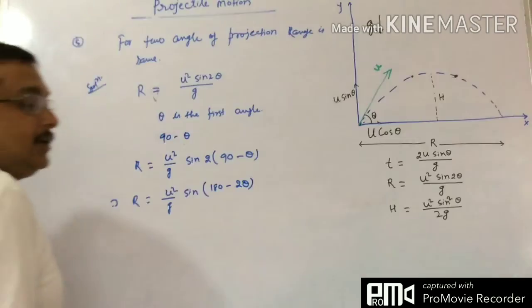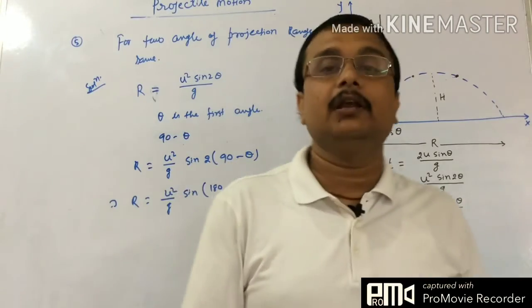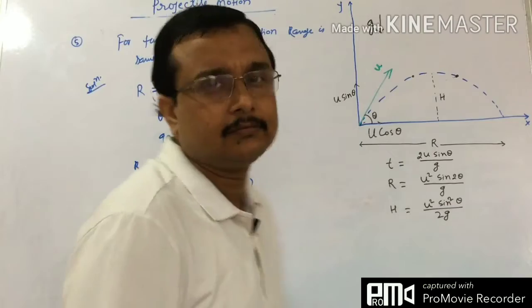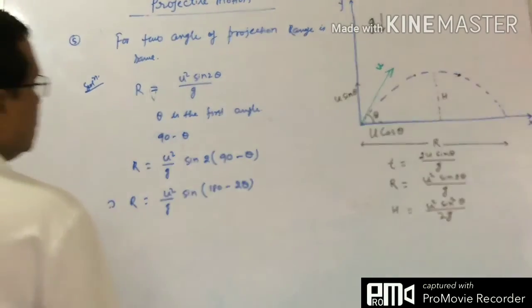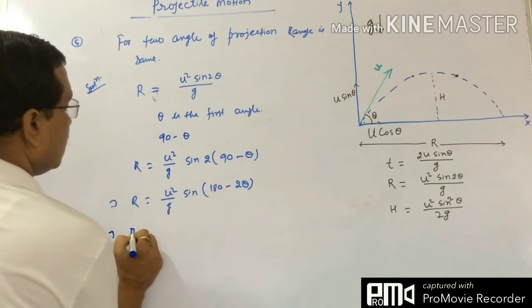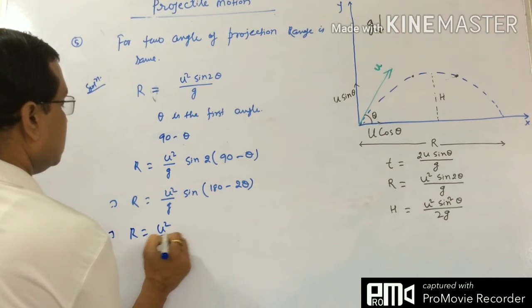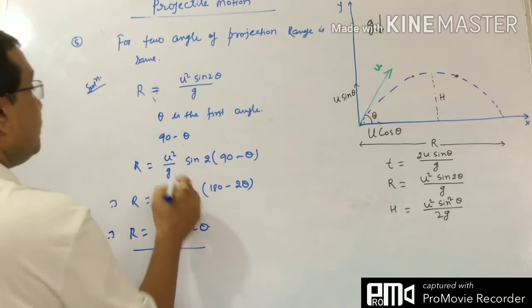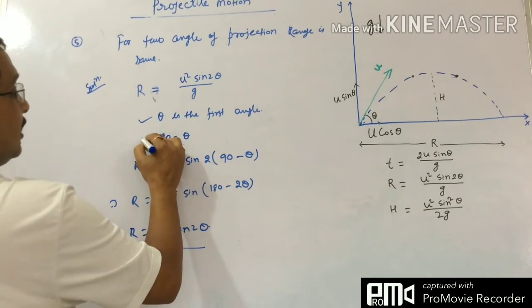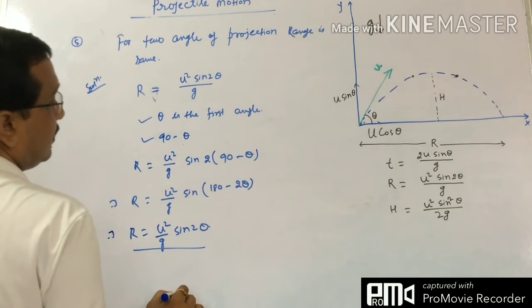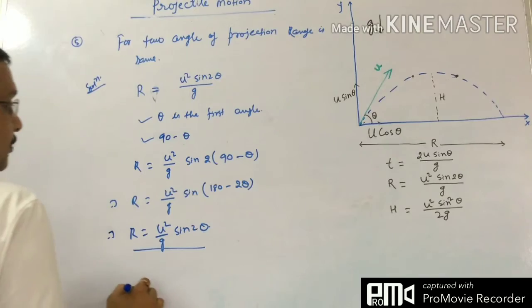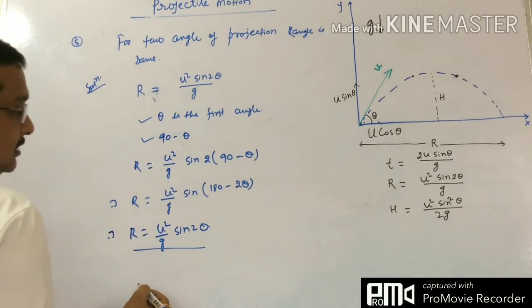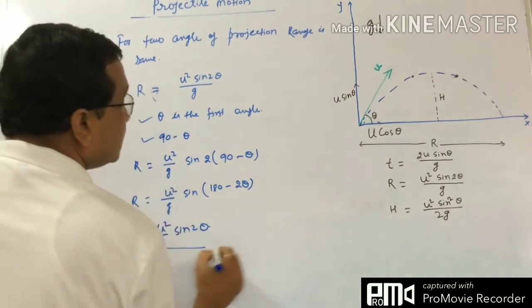So sin 180 minus 2 theta equals sin 2 theta itself. So R equals U square by G sin 2 theta. Same value. So if you throw the particle at an angle of theta or at an angle of 90 minus theta, range is same.